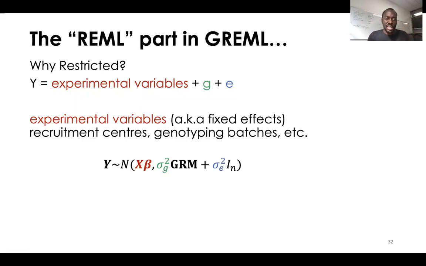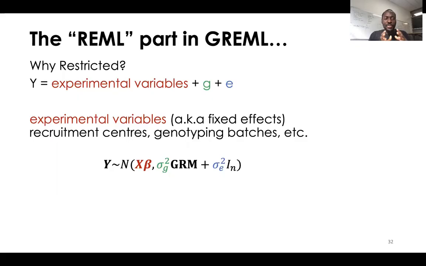But in practice, we know that the data we collect is not a random collection. We have ascertainment in the sample. We recruit people from specific centers near hospitals, for example, or within, I don't know, university campuses.